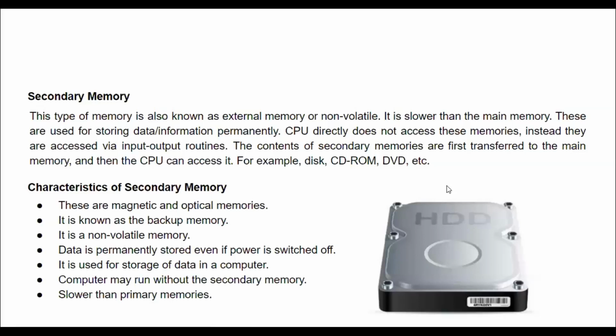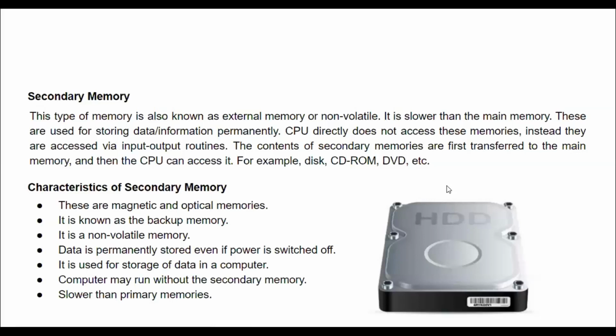Fixed storage media is an internal storage medium like a hard disk that is fixed inside the computer. Examples of secondary memory are the hard disk, the floppy disk, the magnetic tapes, and many more. Whereas for the primary memory, we have the RAM, ROM, cache memory, the EEPROM, and the registers.